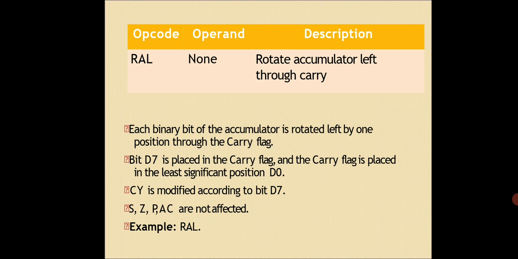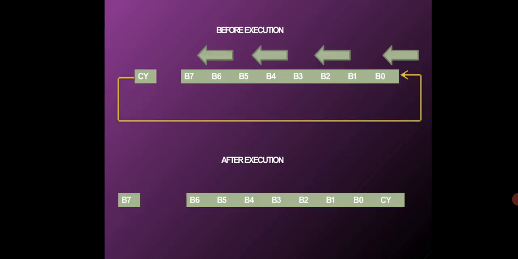So each binary bit of accumulator is rotated left by one position through the carry flag. You can see in this example that one binary bit is rotated to the left side through the carry flag.